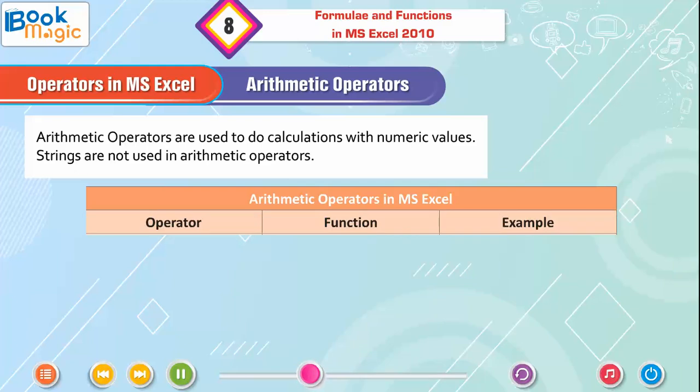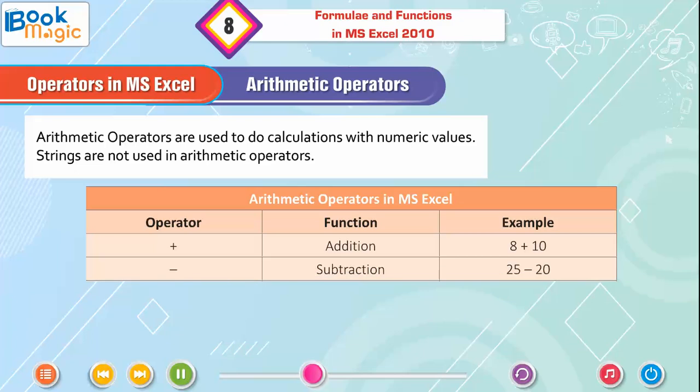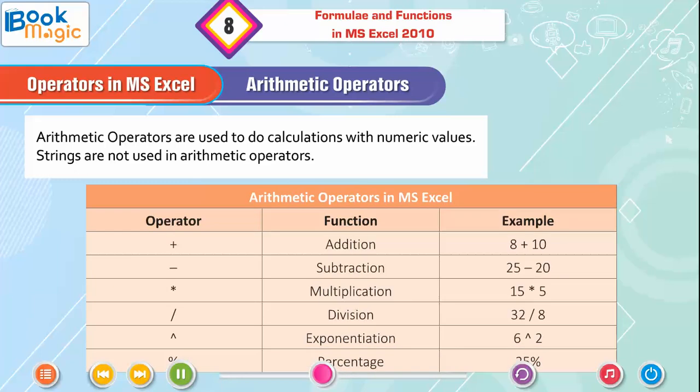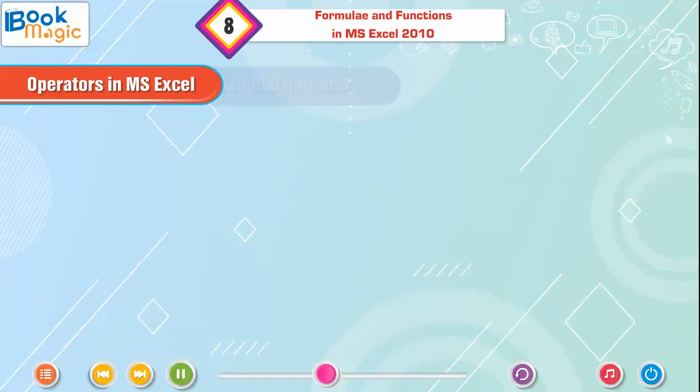Operator, function, example: plus, addition, 8 plus 10; minus, subtraction, 25 minus 20; star, multiplication, 15 into 5; slash, division, 32 upon 8; exponentiation, 6 raised to the power 2; percentage, 25%.